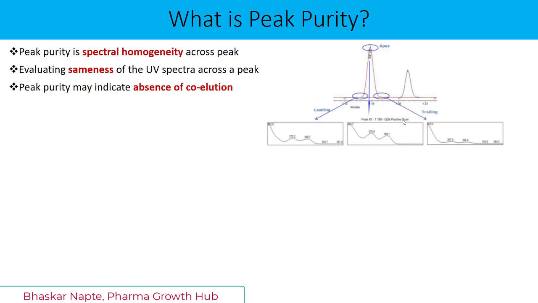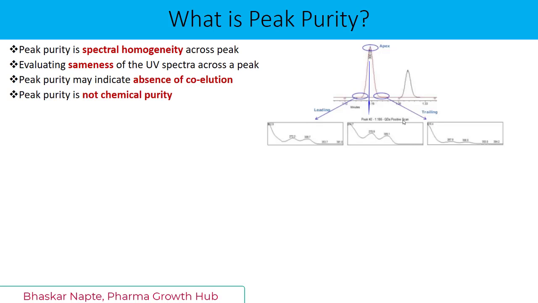If the peak is spectrally pure, that indicates that all the spectra present in a peak belong to one and the same compound, and hence there is an absence of another compound or co-elution. Or if the peak is not pure, that also indicates that there must be something co-eluting along with the peak.